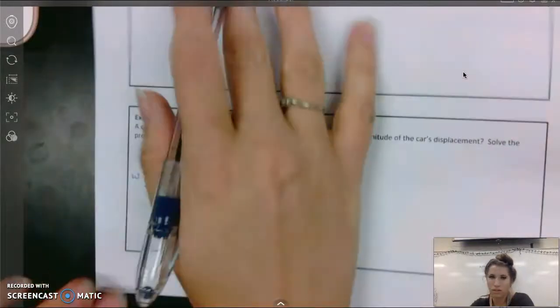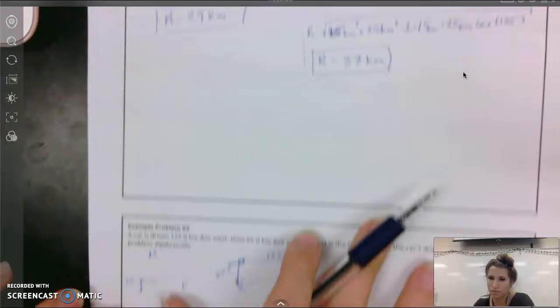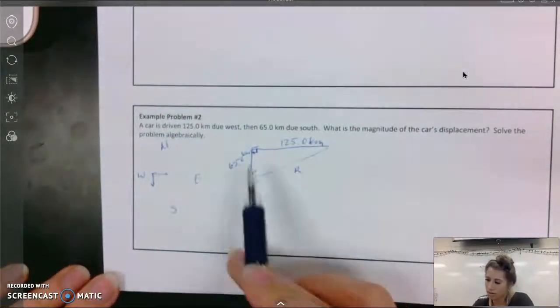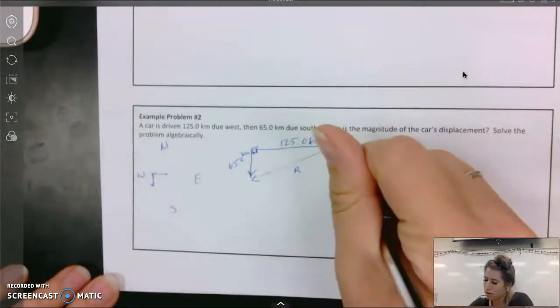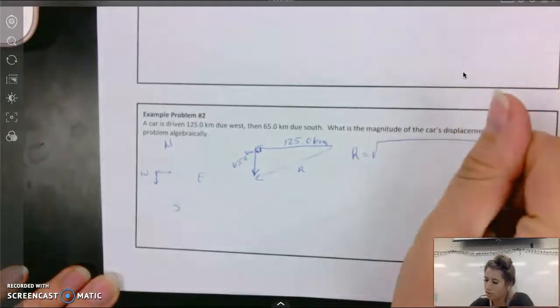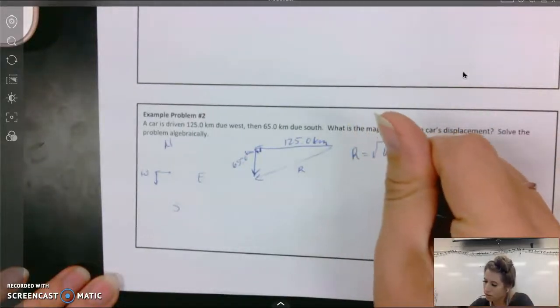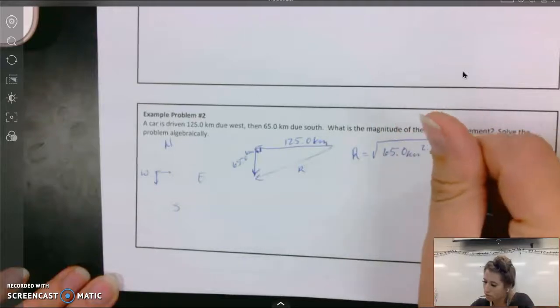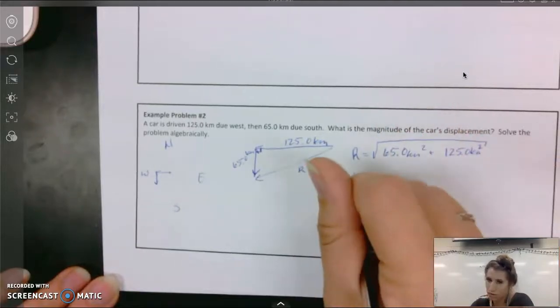Okay, so we have a right angle that we're dealing with, and so similar to here, let's use Pythagorean theorem. We have a squared plus b squared equals c squared, or R is equal to the square root of a squared, or 65 kilometers squared, plus b squared, 125 kilometers squared.